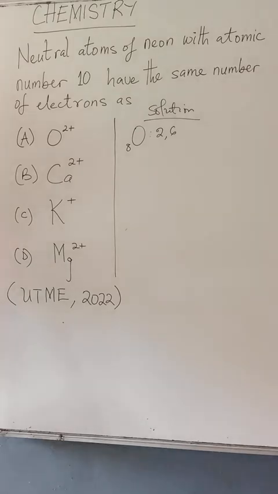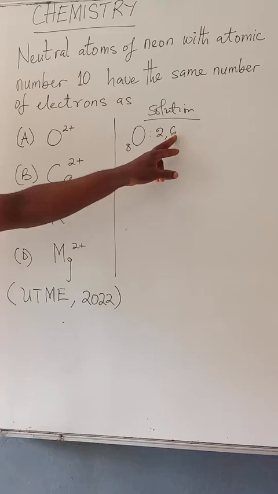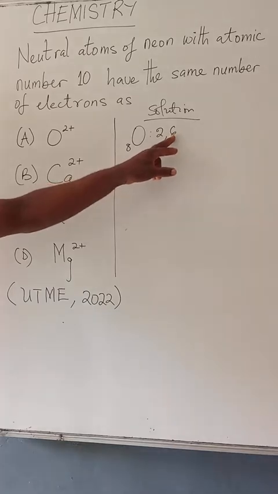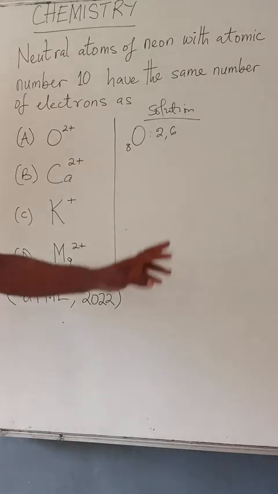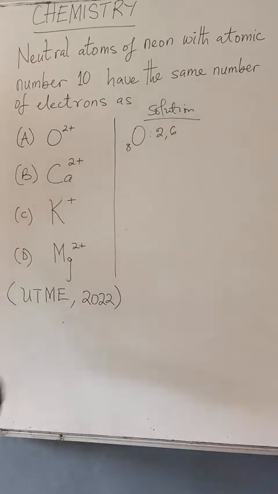And during chemical bonding, non-metals gain electrons so that they can complete the outermost shell to 8, which we call a stable octet electronic structure. Do you understand?